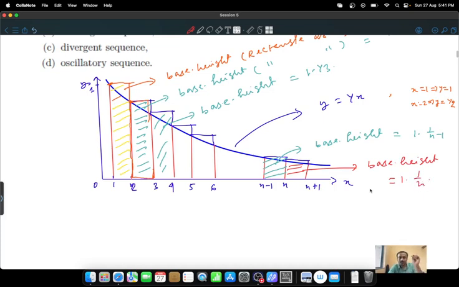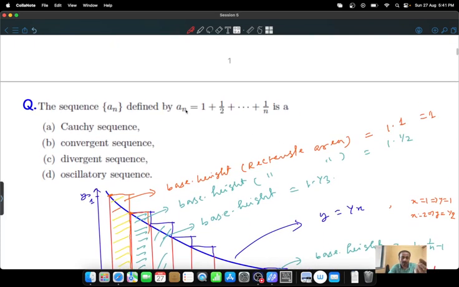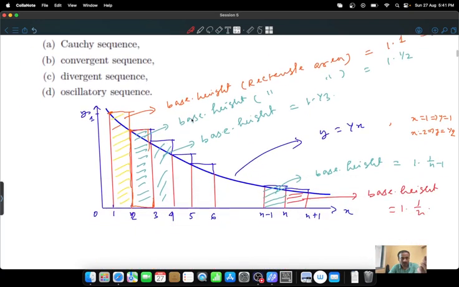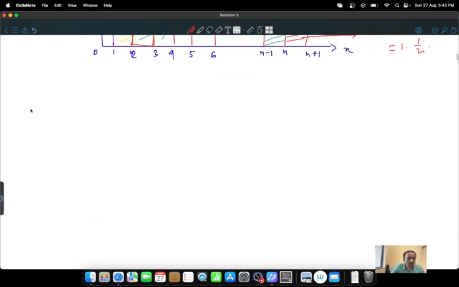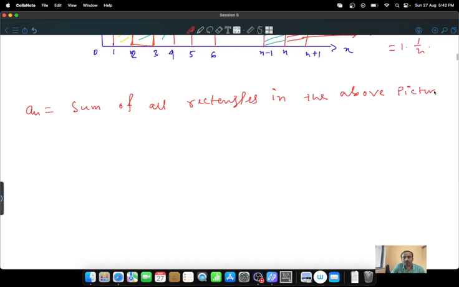So basically the term a n is nothing but the sum of areas of all those rectangles. So let me put the sum of all rectangles in the above picture. I hope this clears to you.